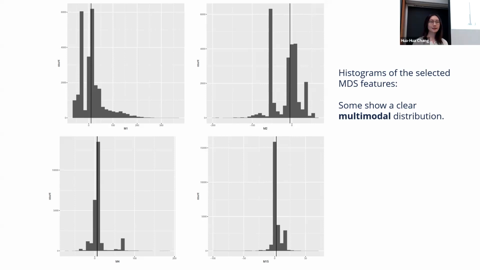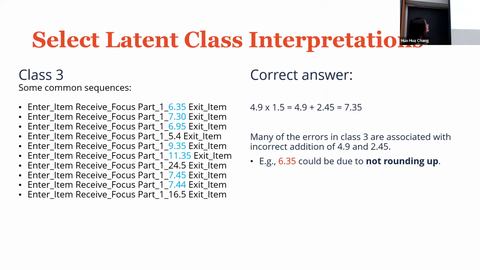So what we look at subsequently is some of the most representative actions and subsequences in each of the 9 latent classes. I'm going to present 3 of the latent classes that I found mildly interesting. Some of the classes are associated with the correct response, which is 7.35 in this case. The first is class 3.